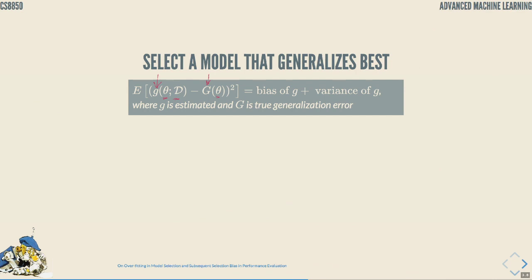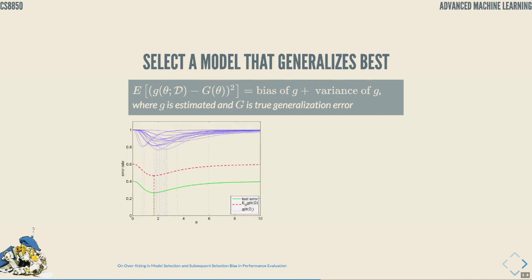Basically, this large G is performance on all possible data that we will ever see of that kind, right? And D is the data that we have, our data set for training and for testing and for everything else. So imagine we found a model that has very low bias.